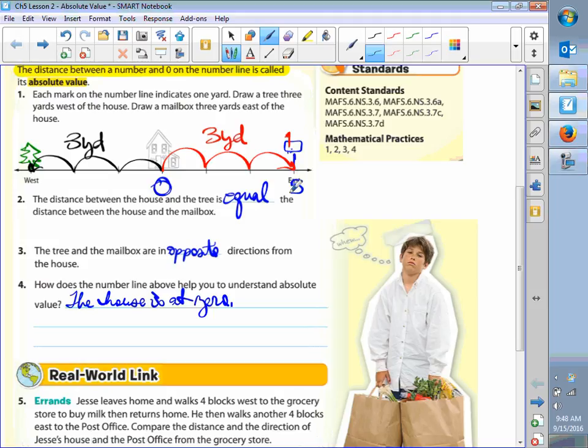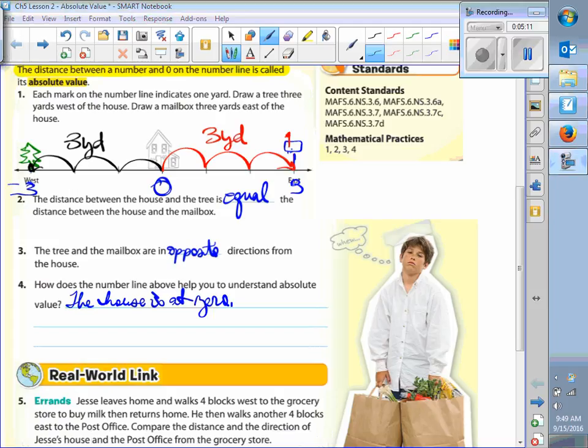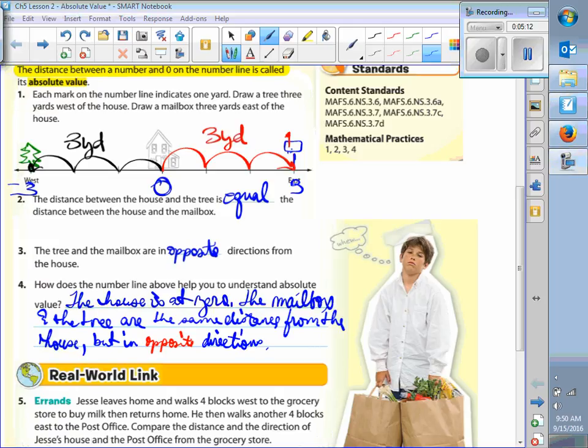And the tree would be 1, 2, 3 units to the left, and that would make that a negative 3. Okay? So here, they're both the same distance, but they're in opposite directions on the number line. Is everybody clear? So the house is at 0 on the number line. The mailbox and the tree are the same distance from the house, but in opposite directions.